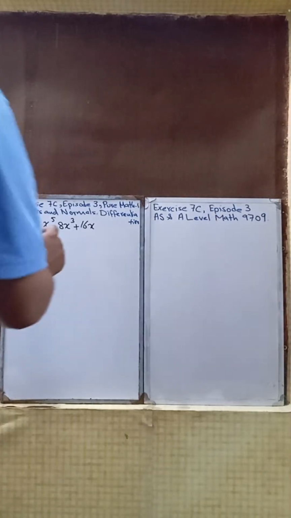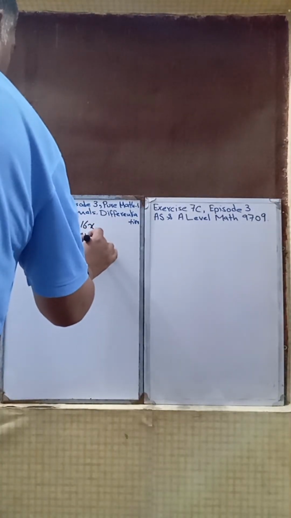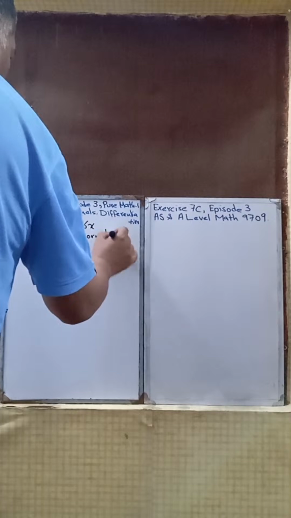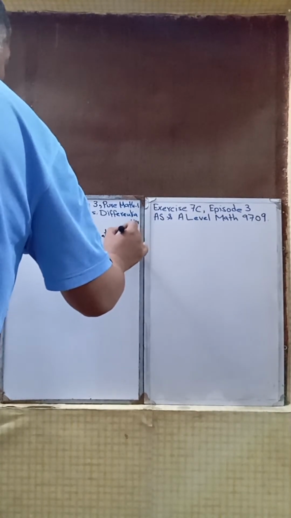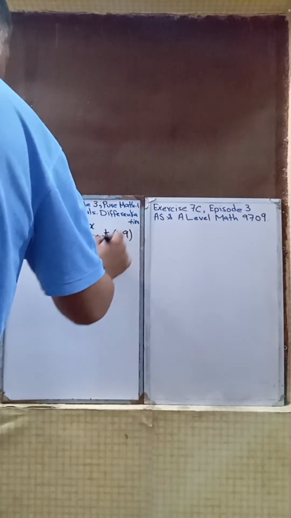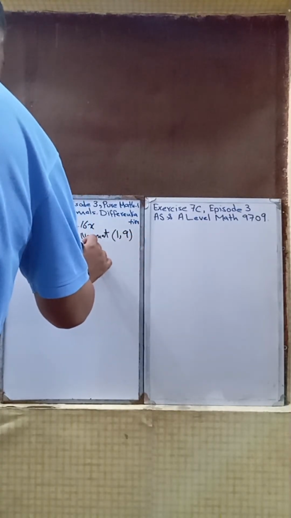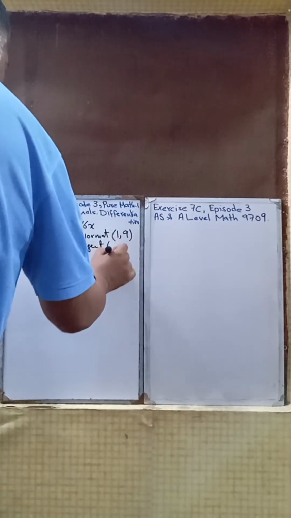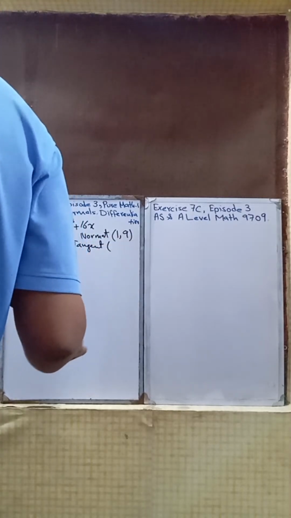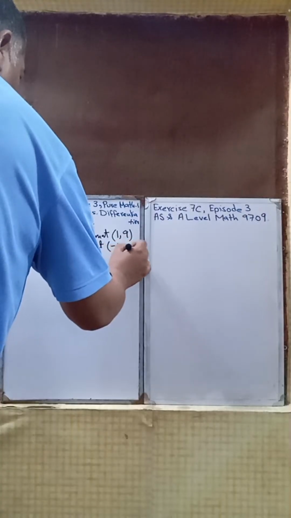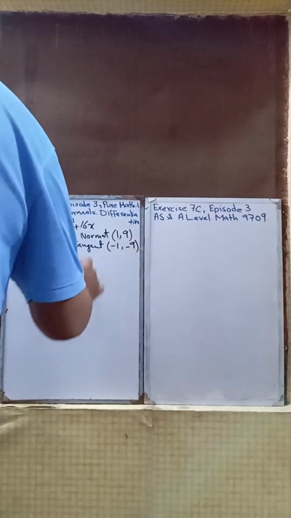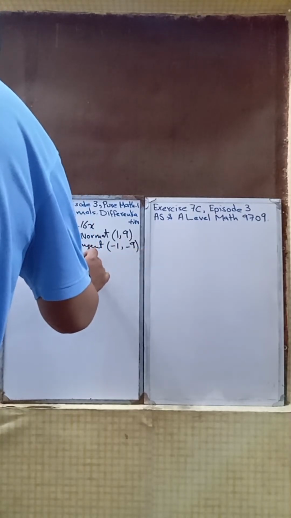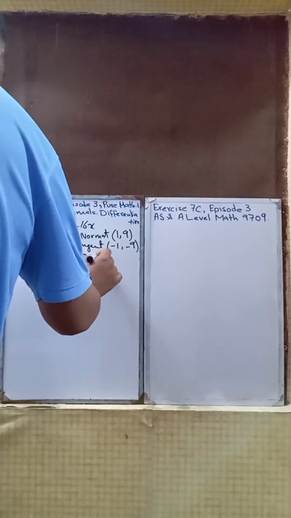The normal at the point P, which is (1, 9), and the tangent at the point Q, which is (-1, -9), meet at R. So we have to find the coordinates of R.